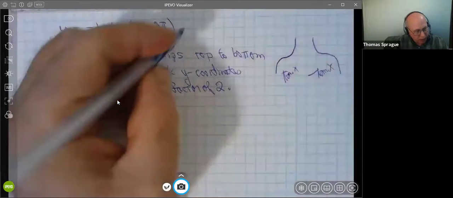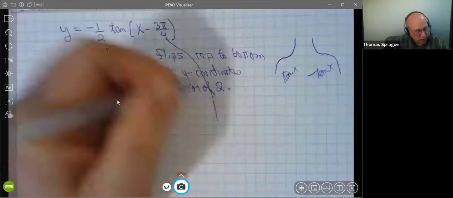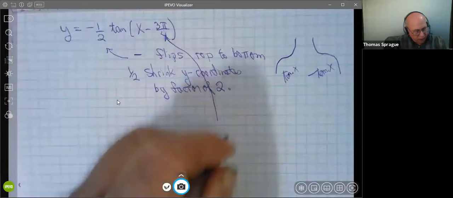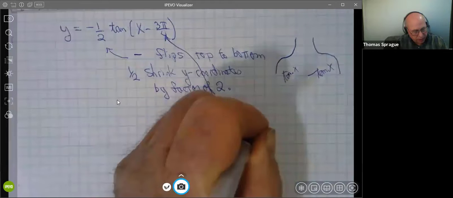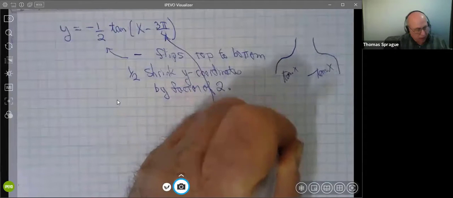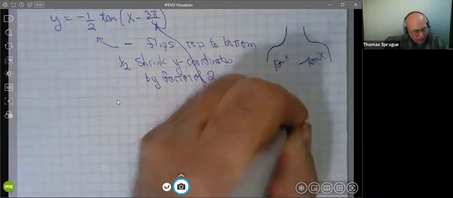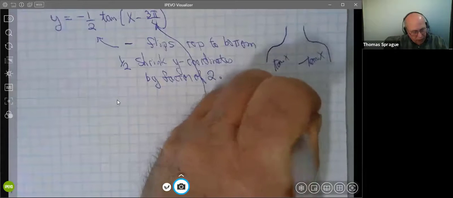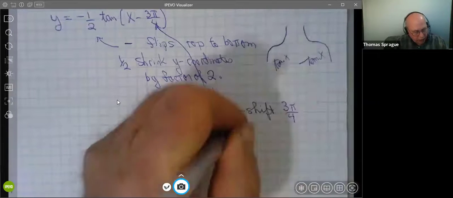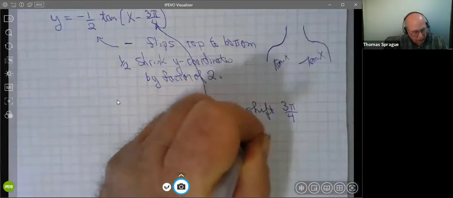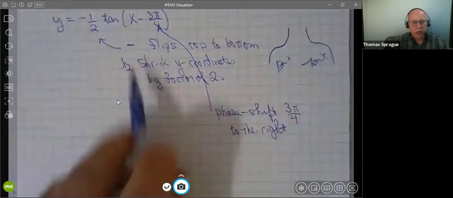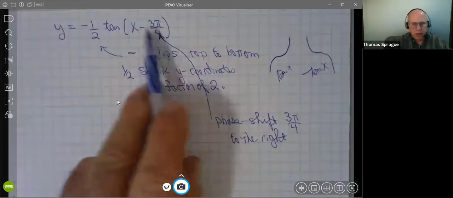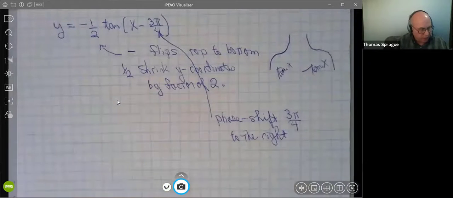This part gives a phase shift of 3 pi over 4 to the right. Subtractions shift to the right, additions shift the graph to the left.